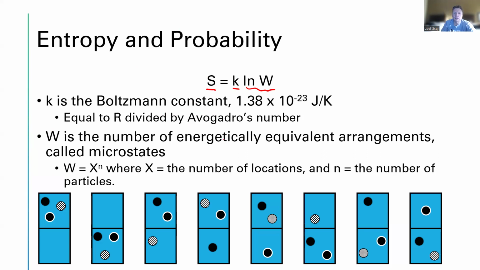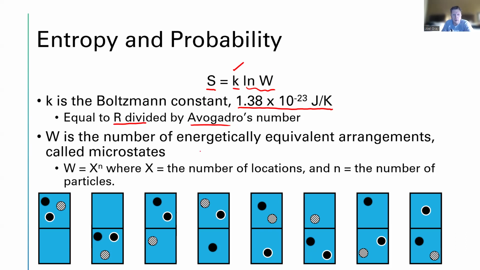K is a constant. That is this 1.38 times 10 to the negative 23rd joules per Kelvin. This is equal to R divided by Avogadro's number, so our gas constant divided by 6.02 times 10 to the 23rd. Okay, so check. Natural log of W.